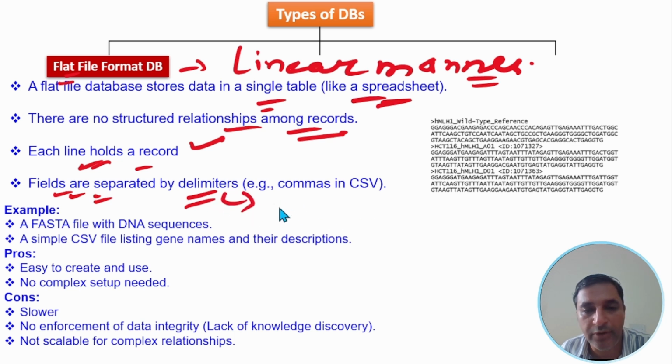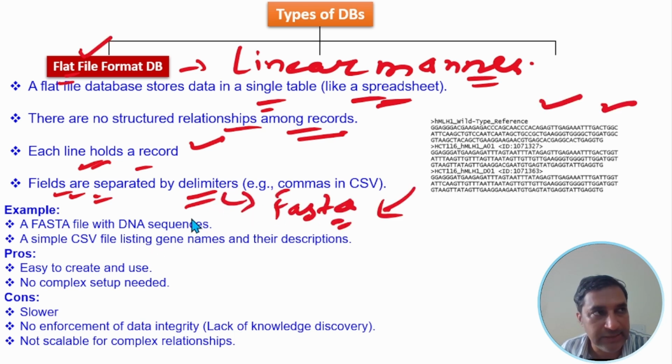A FASTA file comprising DNA or RNA sequences is an example of a flat file database. In addition, a simple CSV file which contains gene names or their descriptions is also an example. A flat file database is easy to create and easy to use.